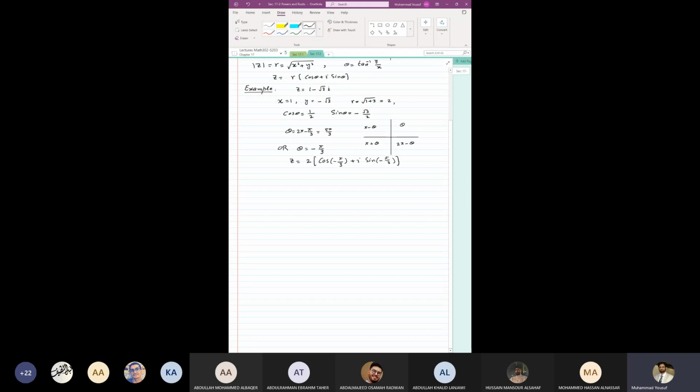Now, in complex numbers, multiplication and division is like this.